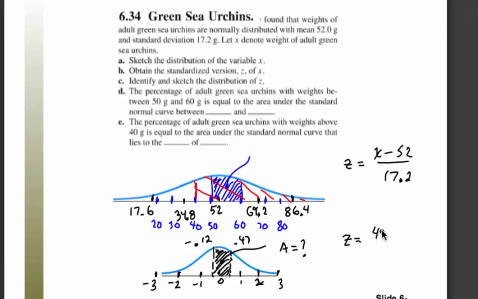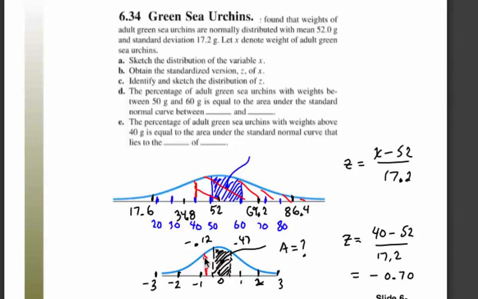So when x equals 40, we're going to find the corresponding z. What'd you get for that? Minus 0.70. 0.70. Okay, great. And so I'll do that in red also. So that's here.